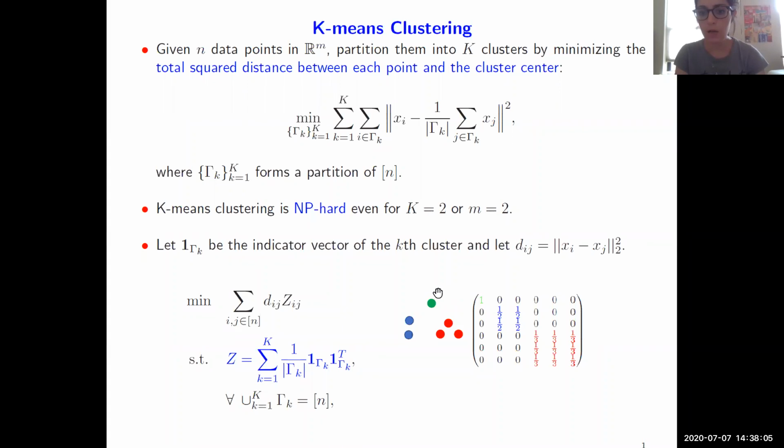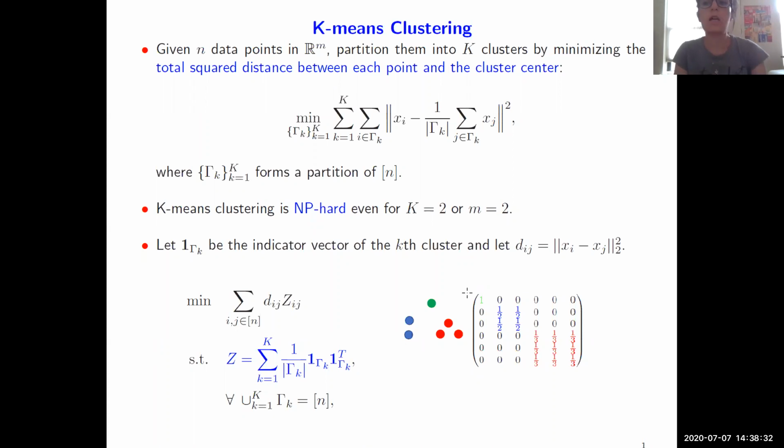Each block corresponds to a cluster, with a correspondence between the colors. The size of each block shows you the number of points in that cluster, and each element is equal to 1 divided by the size of that cluster. For example, the 2 by 2 blue block here tells you that in this cluster you have 2 points. It's the same for the red and the green.